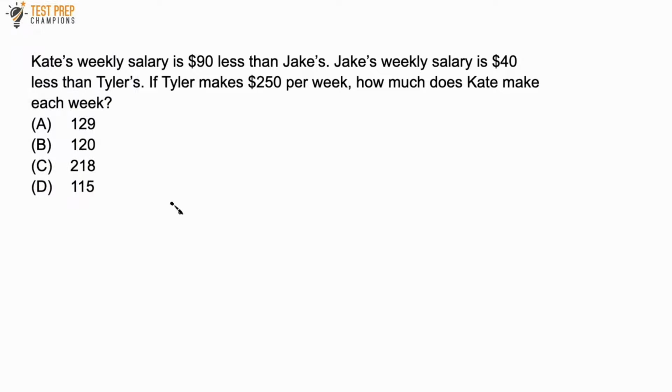Okay, so a fairly straightforward way to approach this is to just look at the information that we're given here and use it to write out a couple equations. So the first thing that I see here is we're told Kate's weekly salary is $90 less than Jake's. So from this, I can say K equals J minus 90.